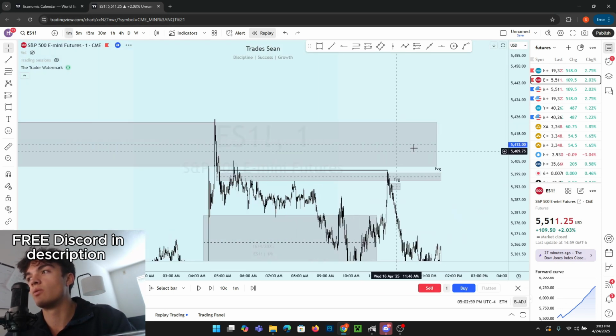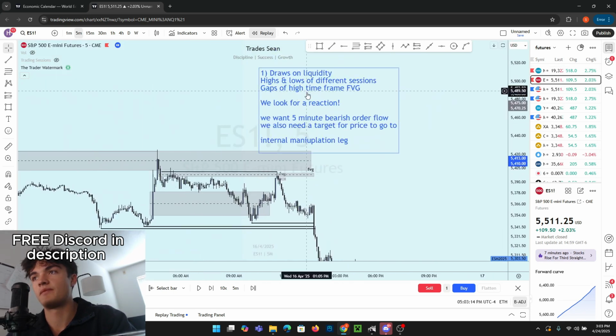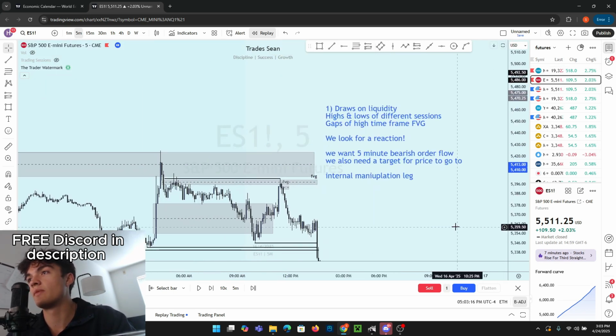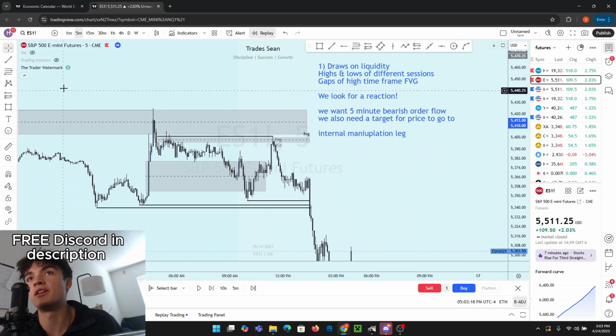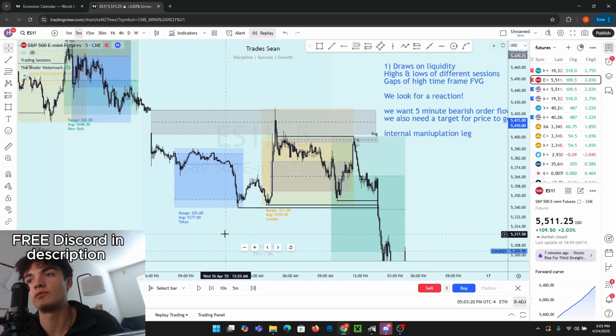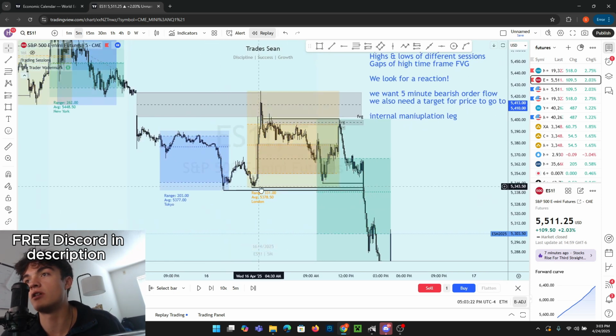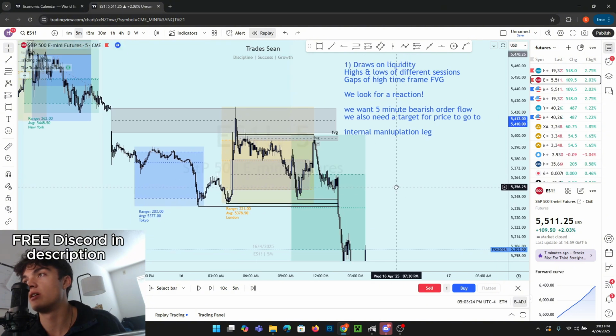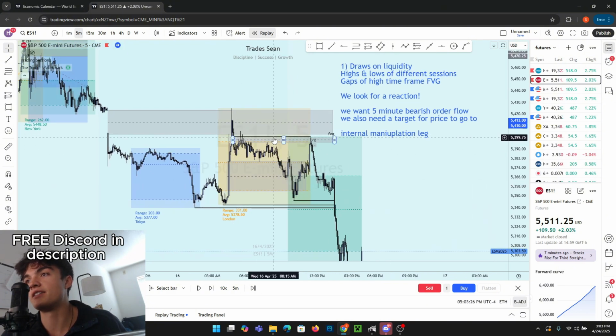Now, looking at what I wrote, we are looking for draws on liquidity, right? We have Tokyo low and London low. We also see internal highs of London being swept, respecting a London fair value gap.